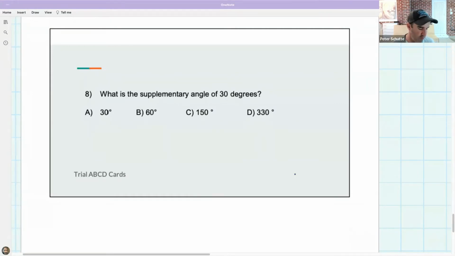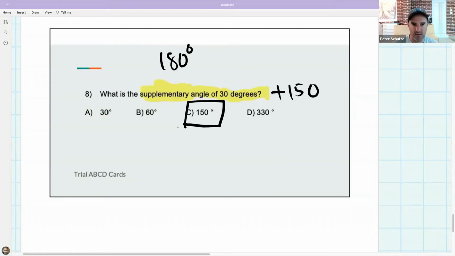I'm really hitting you with the vocab today, but what does it mean if two angles are supplementary? Okay, you guys know your stuff. So supplementary means add up to 180. And so if you've got 30, the supplement of 30 will be 150, which is C.